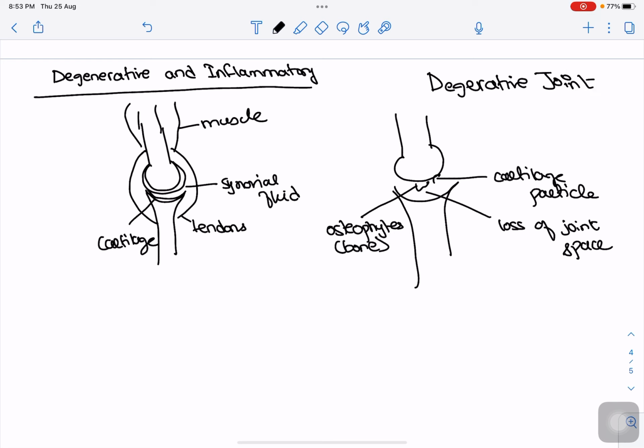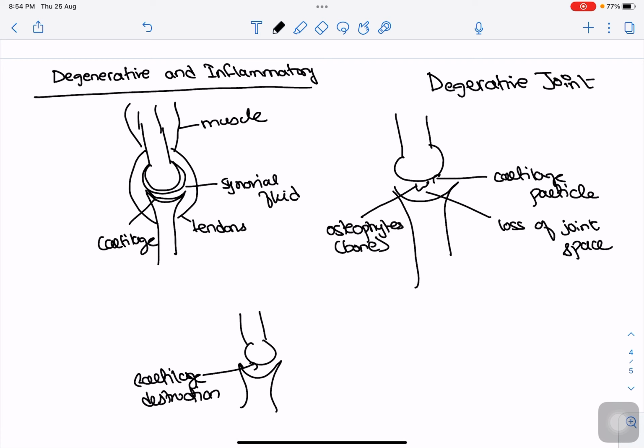Then if we follow up with an inflammatory joint, this is one bone, this is another bone, and you would see cartilage destruction as in the degenerative joint. Along with that, let's say this is a tendon, there is effusion, that is excess synovial fluid, and there is synovitis.